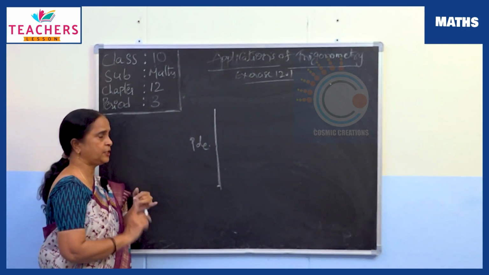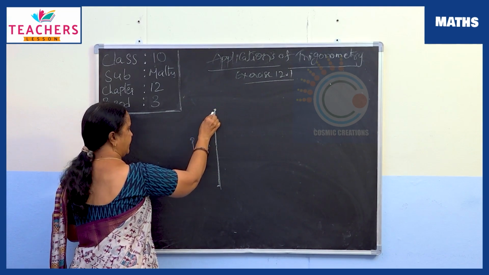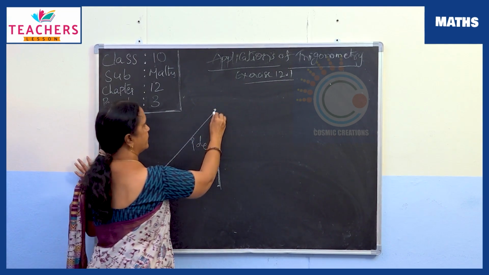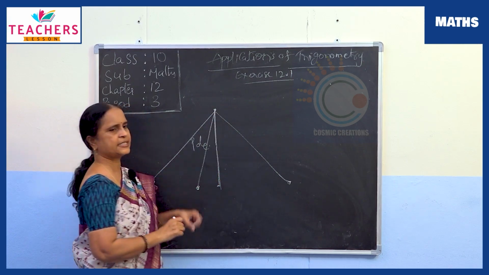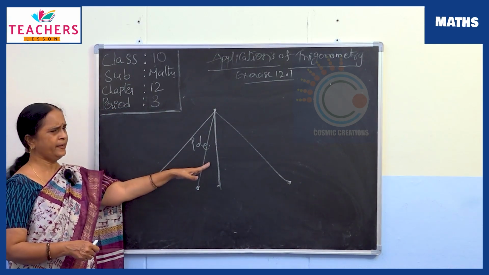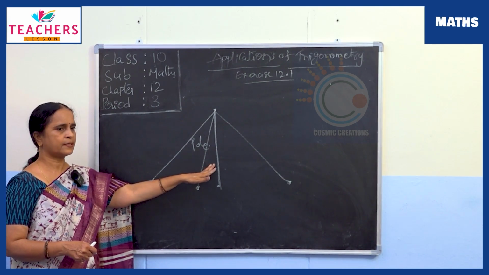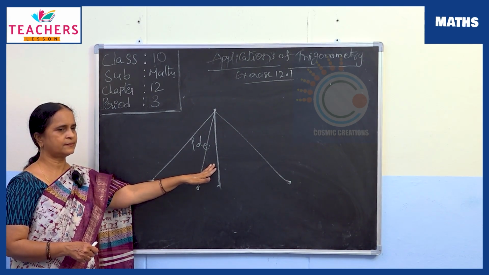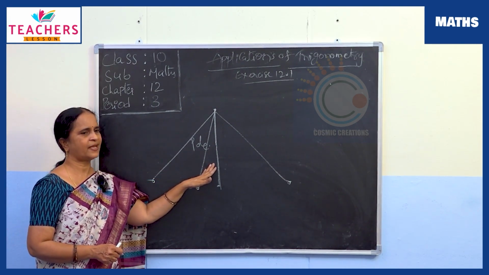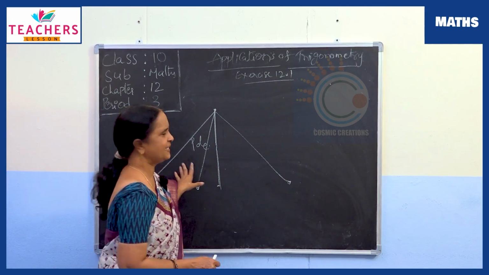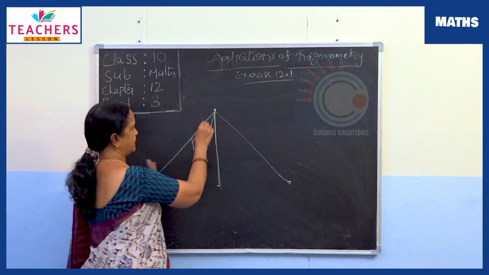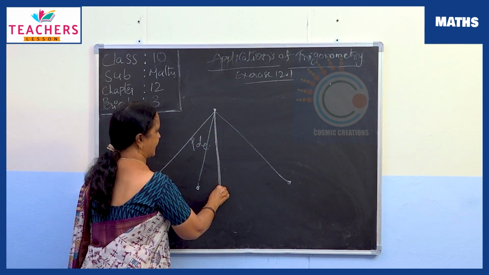He tied one rope with the ground, the other one also with the ground, and the third like that. Then the pole could stand.